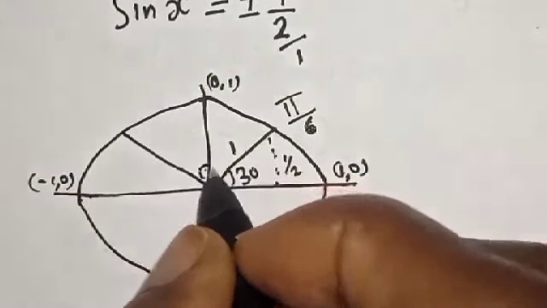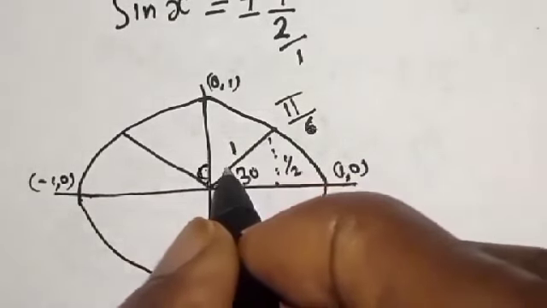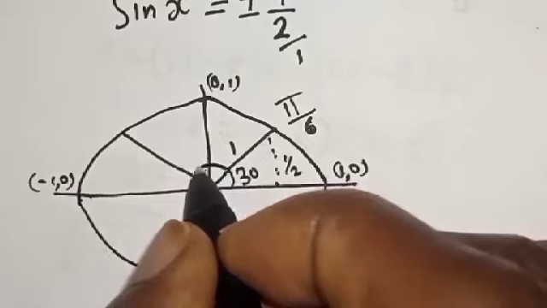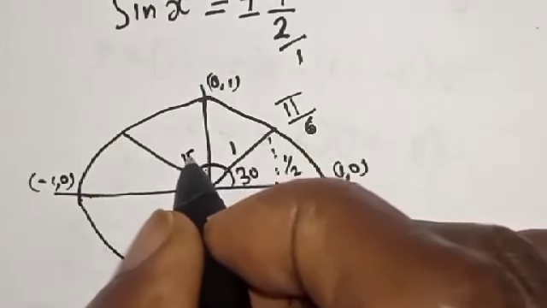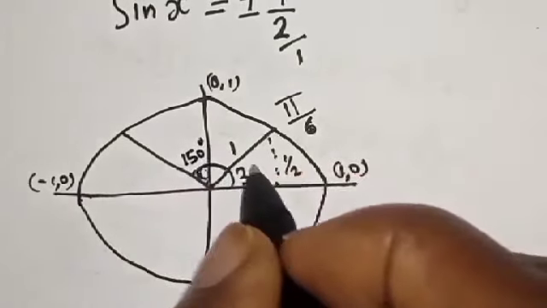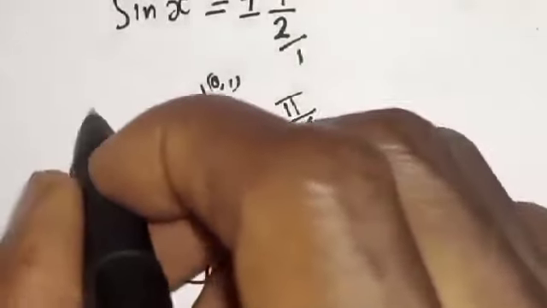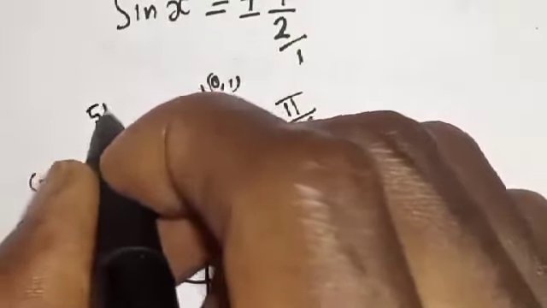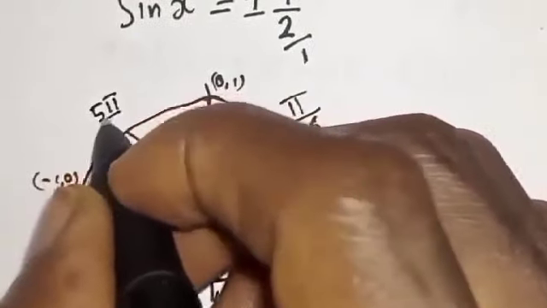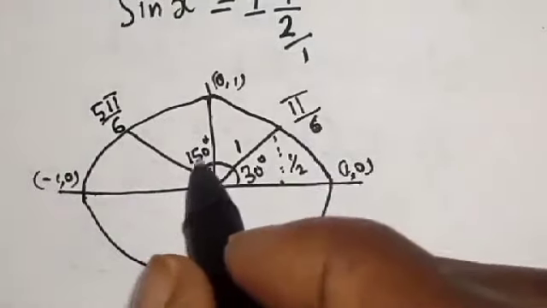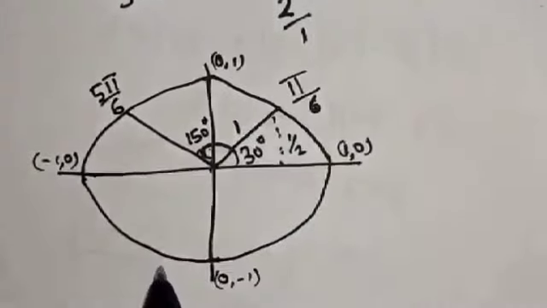The angle here will be what? 180 minus 30. Here will be 150 degree. Then in radians, here will be 5 pi over 6. This is above the plane, the x plane.